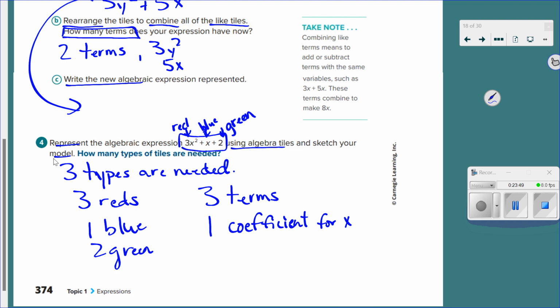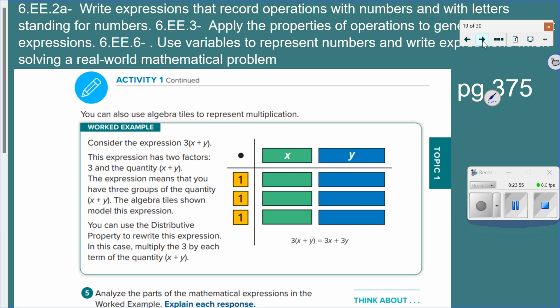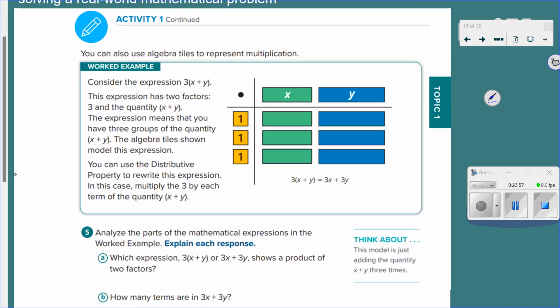Are you starting to feel more comfortable with how these are coming together? Because now we're going to go back literally to our first lesson this year. So for all of our new students, sorry, but here's something you should have learned earlier, hopefully, and it's called distributive property. So what we're going to do, I'm going to do x and y, so 1 green and 1 blue, but I'm going to do 3 sets of those. Put together 3 sets of greens and blues, and then we'll go from there.